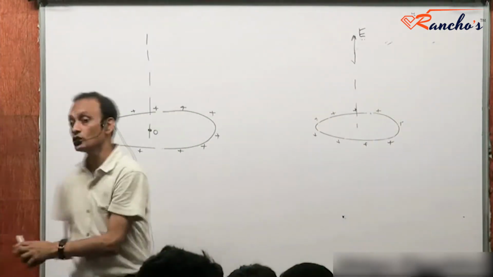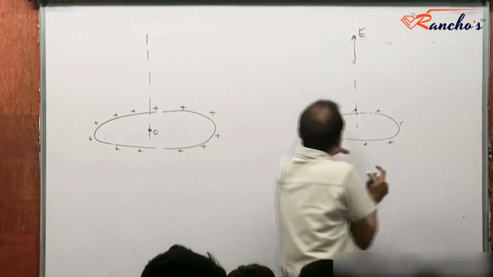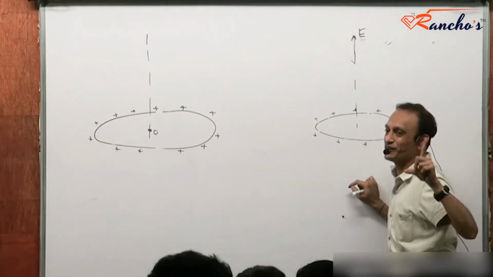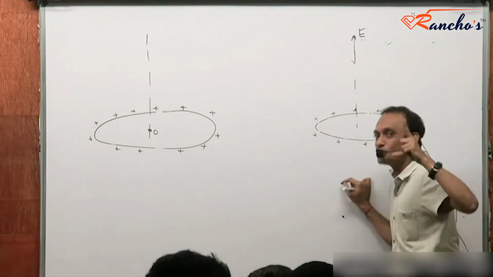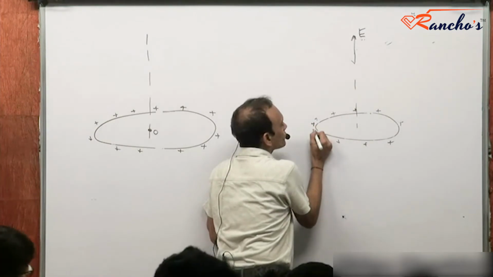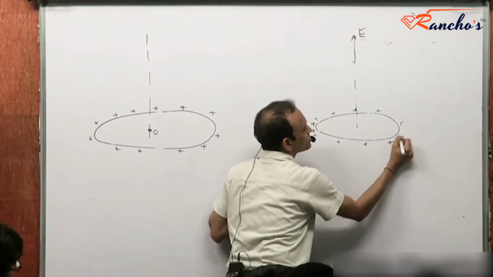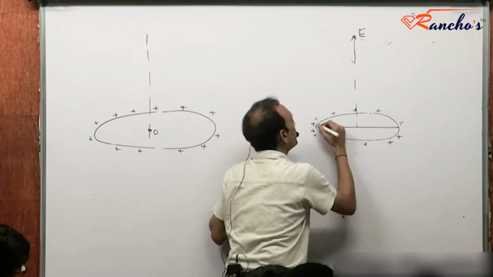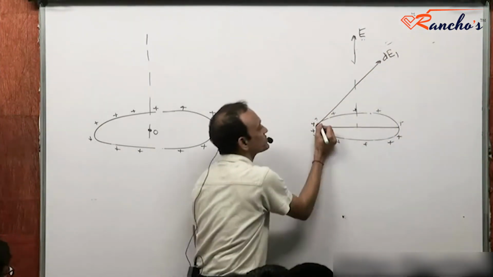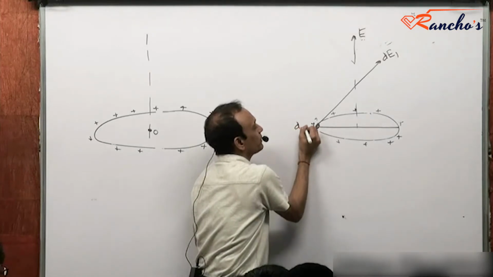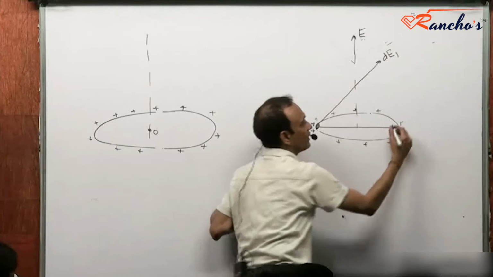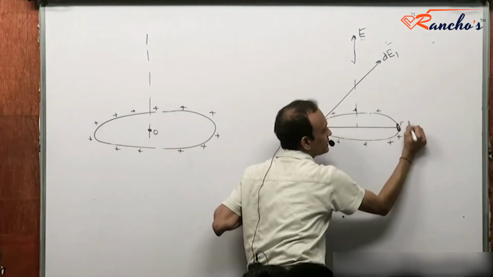Of course, if this distribution was non-uniform, then it wouldn't have been vertical, mind you. Suppose this was a non-uniform distribution. I took an electric field dE1 because of a charge element dQ1 here, and I took another charge element dQ2.